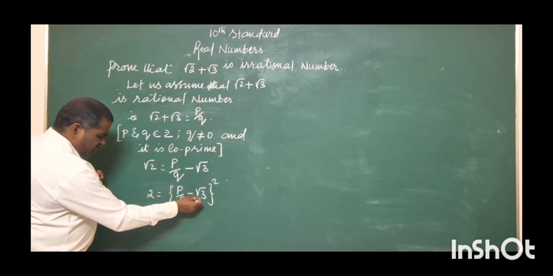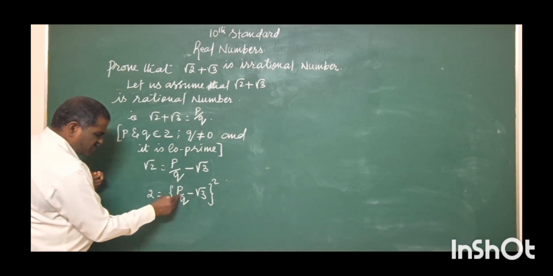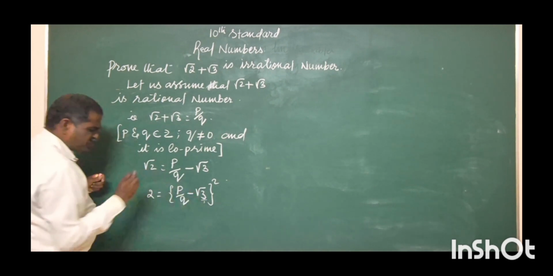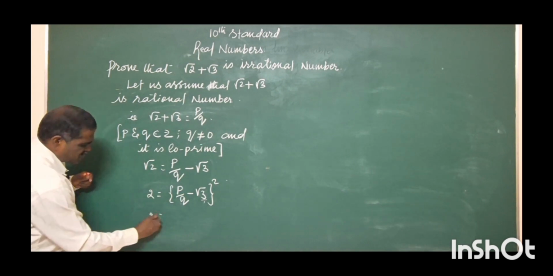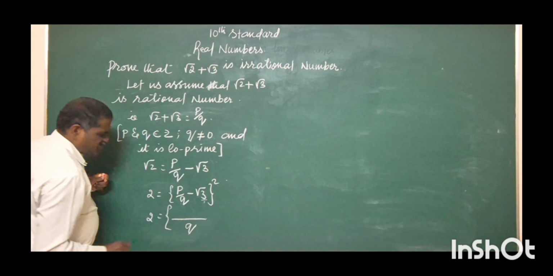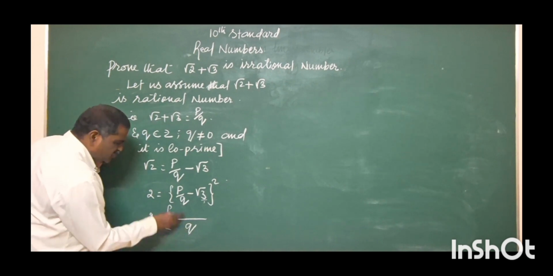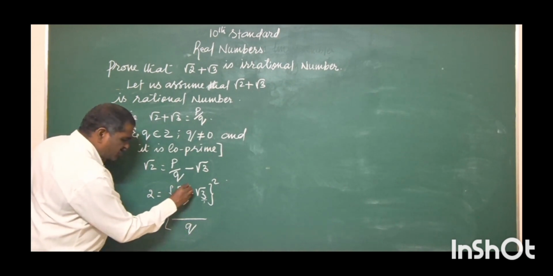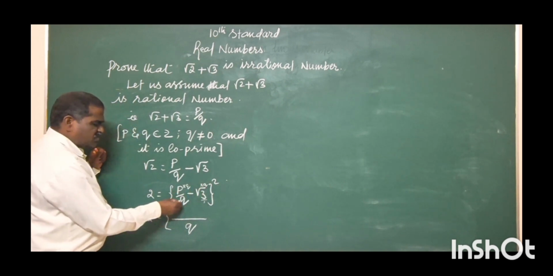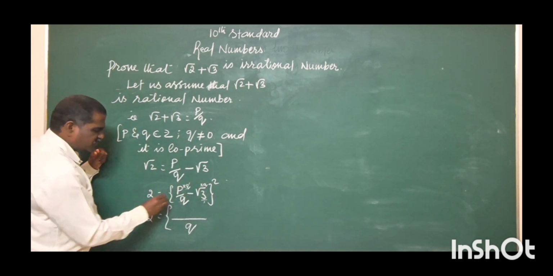When you take p by q minus root 3, the denominator 1 is present. So 2 is equal to, take the LCM q. That LCM you should multiply to each term, into q, and it cancels.